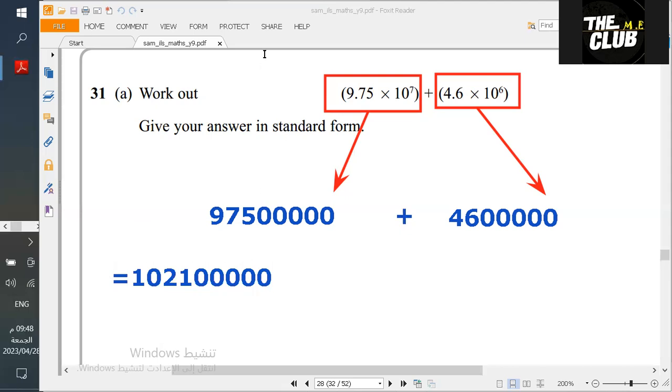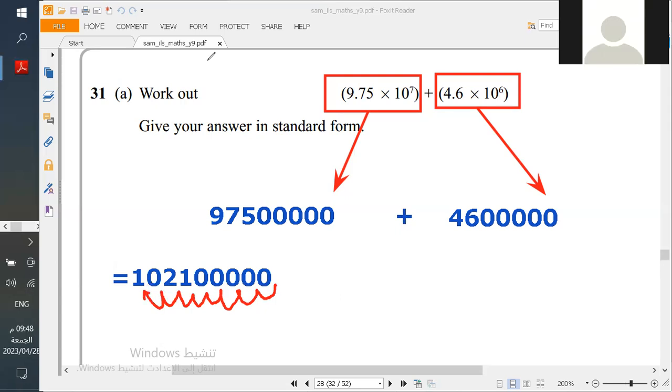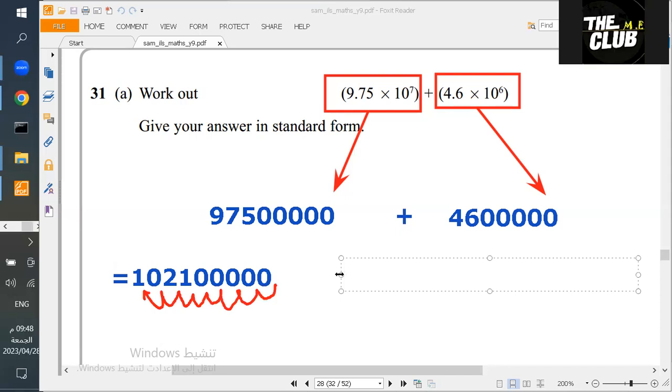How do you make it standard? 1.02100. Yes. So you move the decimal point, counting 1, 2, 3, 4, 5, 6, 7, 8, so it becomes 1.021 multiplied by 10 to the power of 8. So 1.021 times 10 to the power of 8.